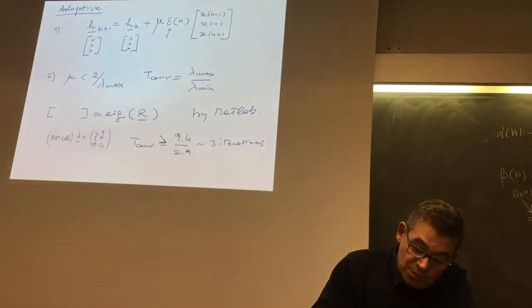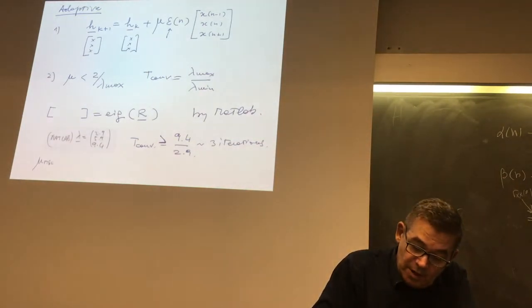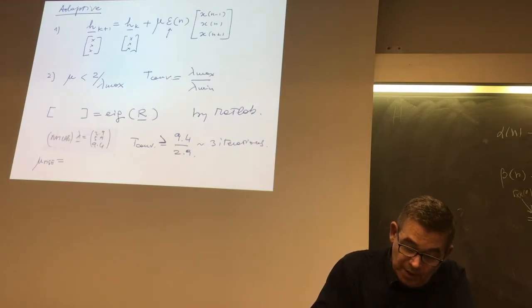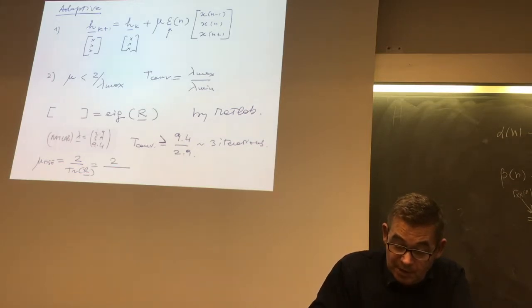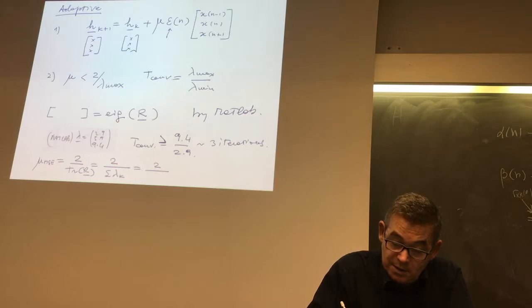So mu for the mean square is 2 divided by the trace of R. But this is equal to 2 divided by the sum of the eigenvalues. That is equal to 2 divided by 2.9 plus 5.9 plus 9.4.